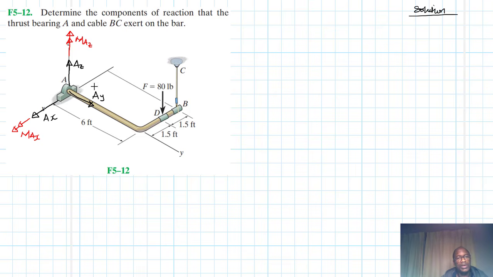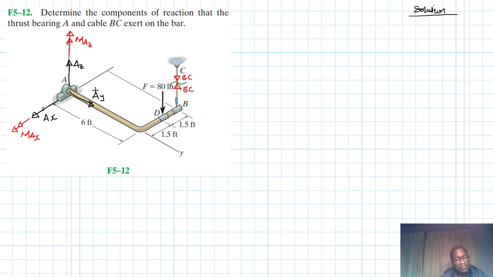So we are not going to have any moment. And then we are going to section this cable, and if we sectioned it, then we are going to have some tension force BC like so.